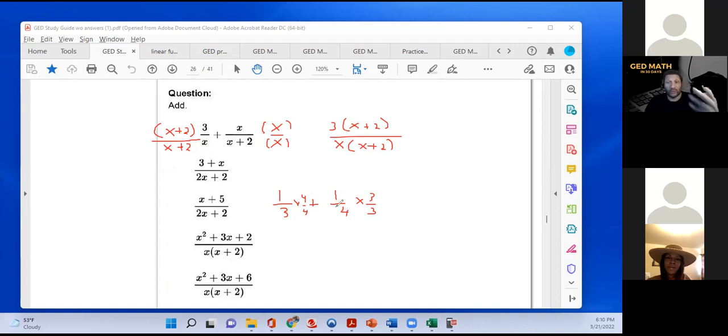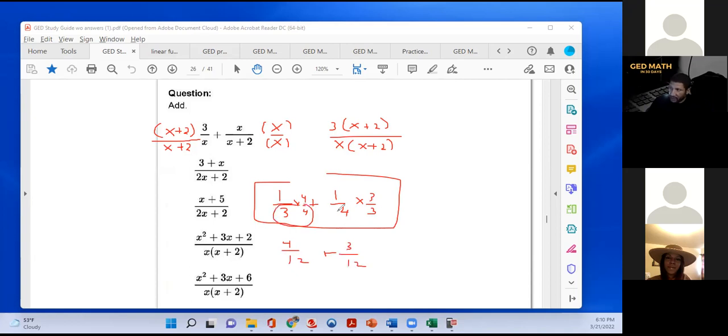But you can't just multiply by 4. You have to do top and bottom. Why? Because X plus 2 over X plus 2 is just 1. Anything over itself is 1. So with this example here, we would have 4/12 plus 3/12. We had to find that common denominator of 12 before we added them.